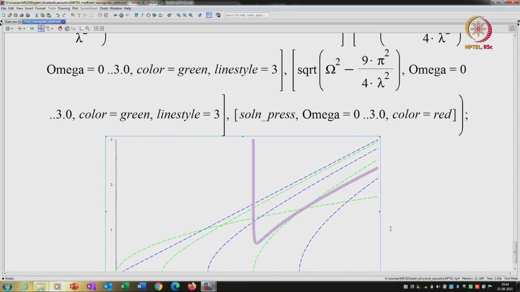So this is my second pressure release, and this is the coupled pressure release curve. This is a frequency where the particular expansion blows up, so we do not worry about that, otherwise it will be a smooth curve.